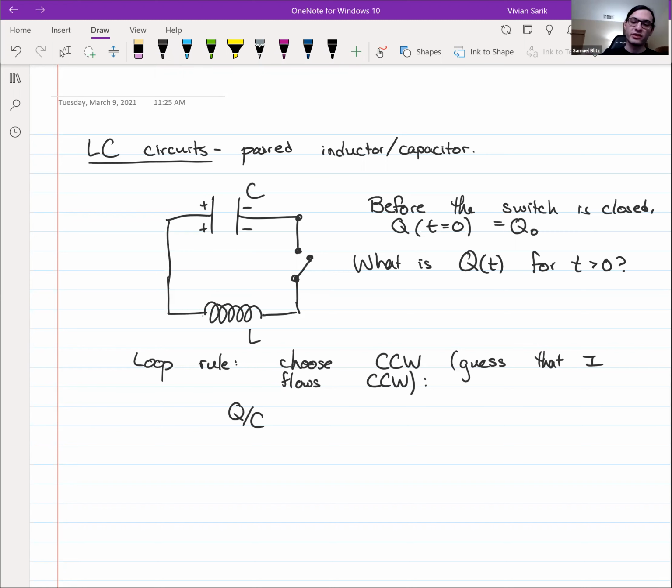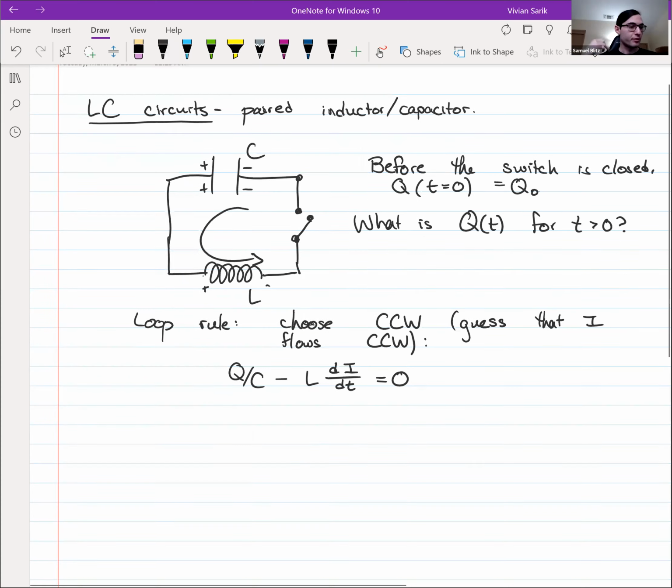So that indicates to us that as we go around, we would have a minus sign because we're going from the positive side to the negative side of the inductor. So we have Q over C minus L di/dt. The EMF induced is just L di/dt, and we just had to figure out whether it's positive or negative.